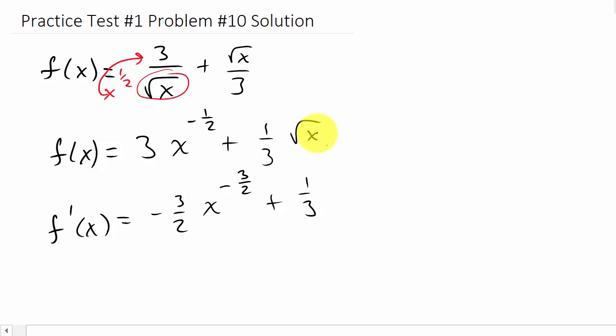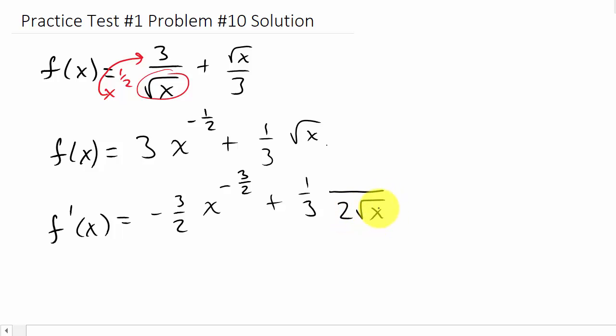Now the shortcut will not work on this one. It only works on square root, okay? But this square root's in the denominator, so it won't work on that. So the shortcut is, I have this square root of x, so the square root of whatever, that goes in the denominator multiplied by 2.